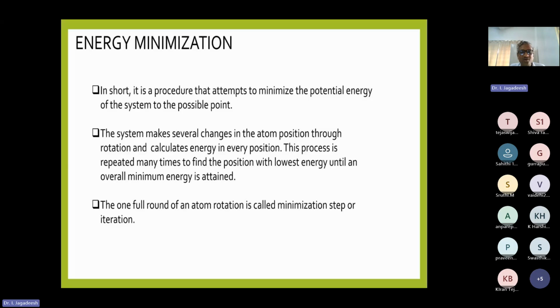One full round of atomic rotation is called a minimization step. One full round, a 360 degree rotation, is called a minimization step or one iteration. So you are making the atoms rotate like this. Each and every atom locally, we rotate and find out the energy minimum states.